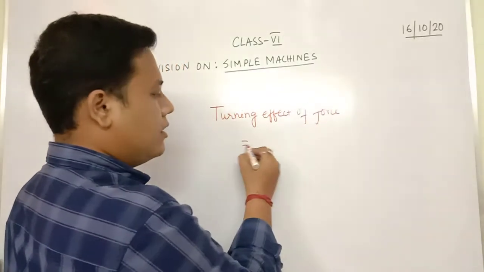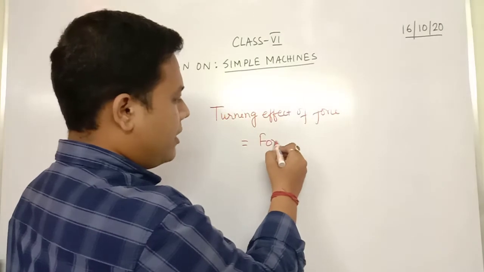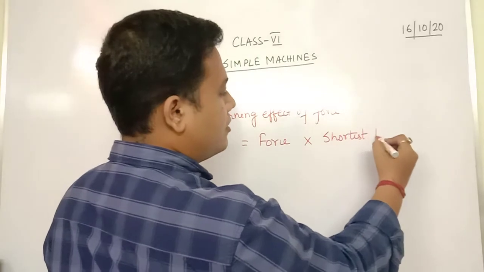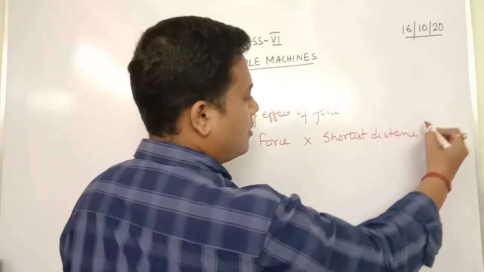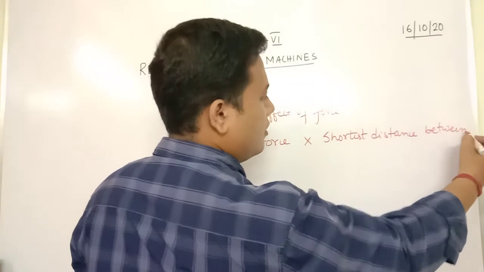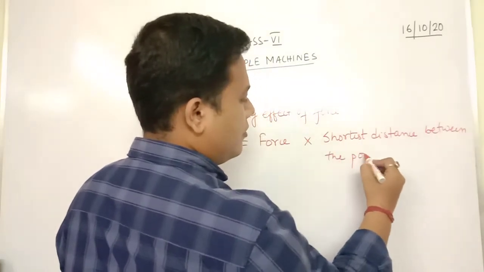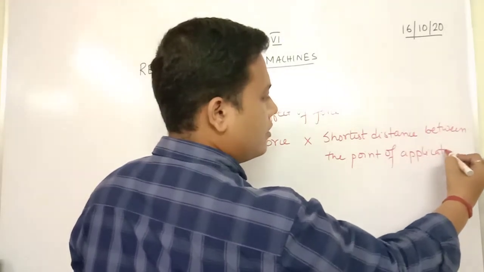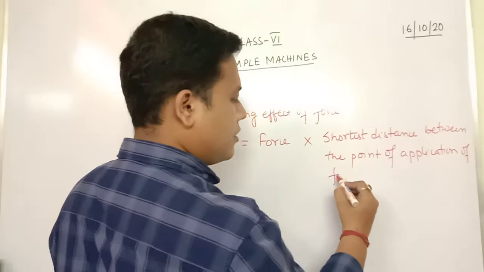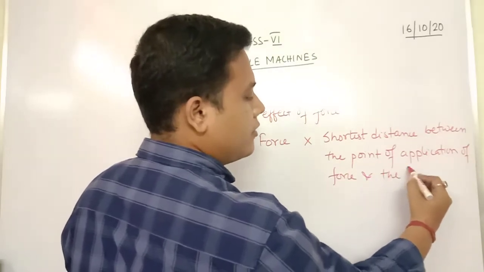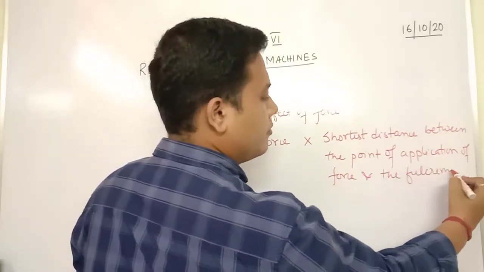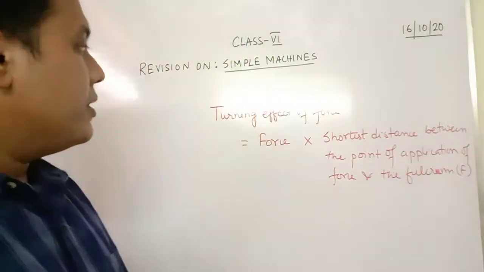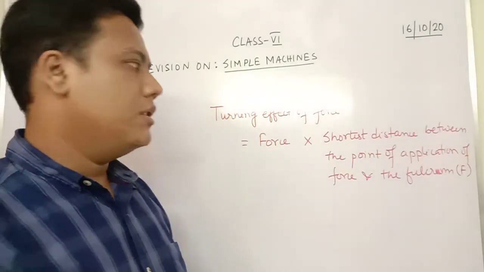It states that it is the product of the force applied on it and the shortest distance between the point of application of force and the fulcrum. This is the principle of any machine.